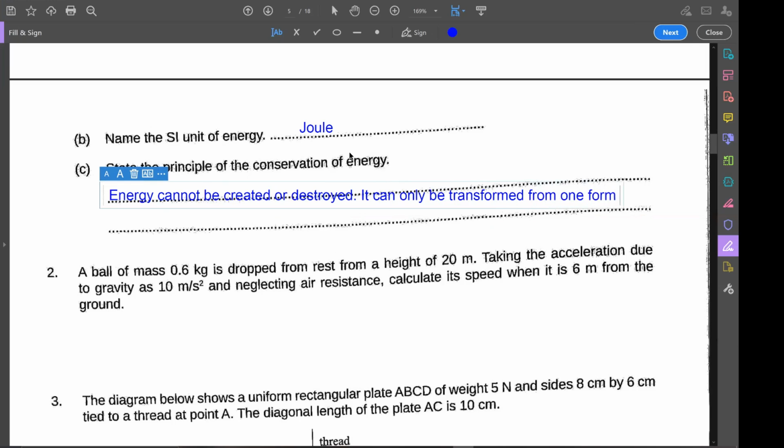Anymore? Total energy during the transformation is constant.